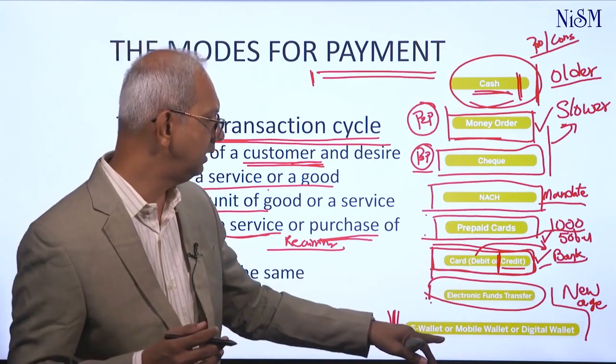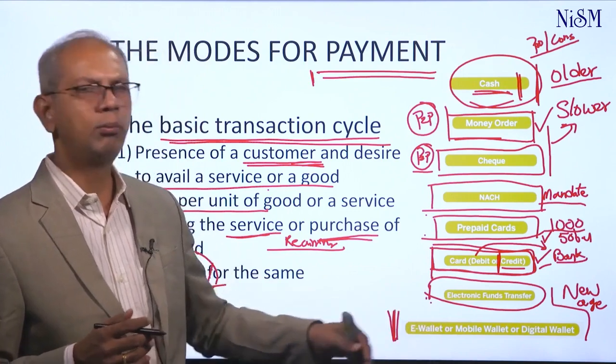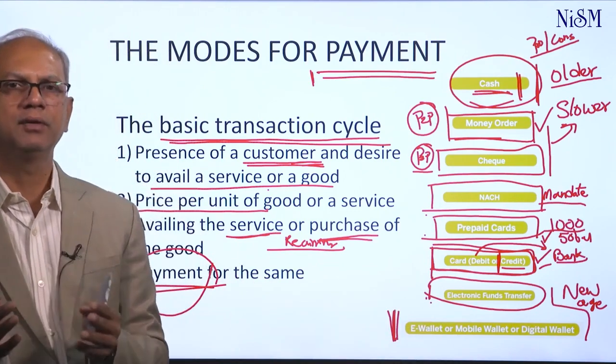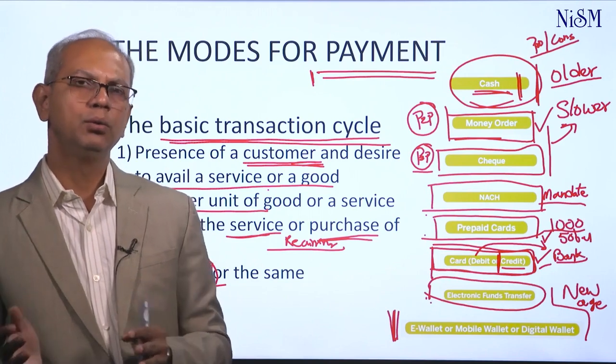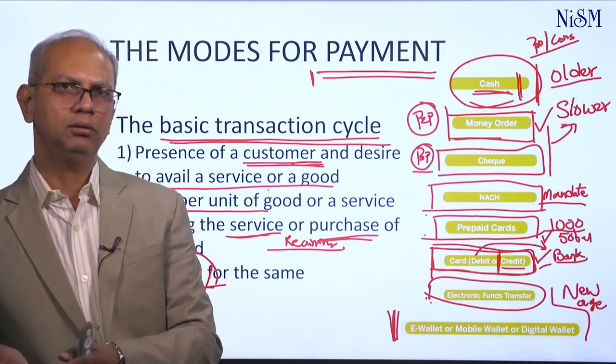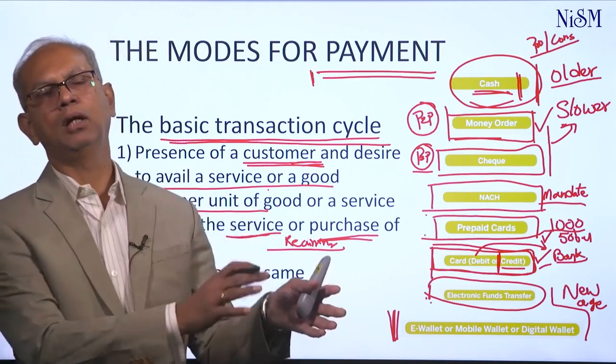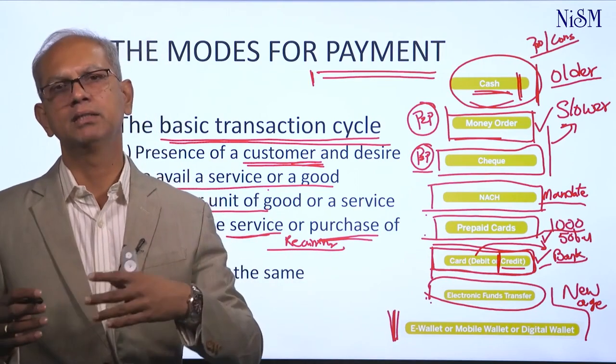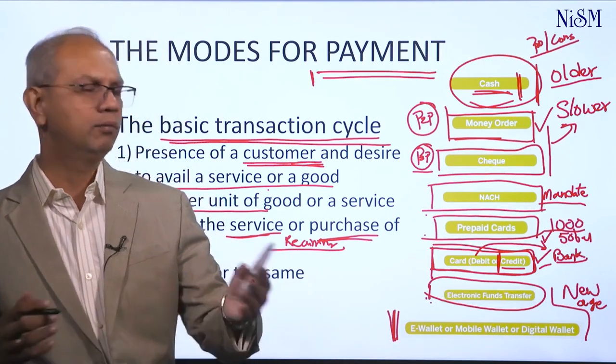So, these are basically electronic or mobile wallets. They enable you to transfer a sum of money from your bank account to counterparties, vendors, friends. So, it could be used as a payment mechanism to settle for a good or service, or even P2P.